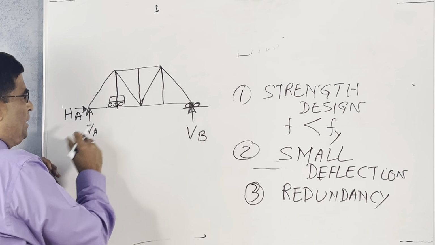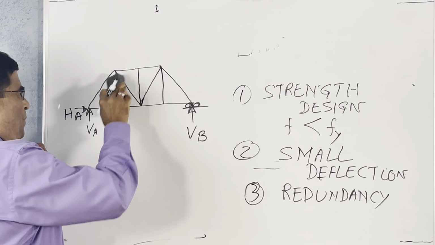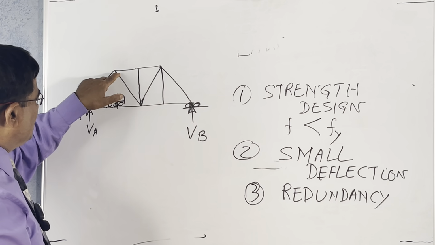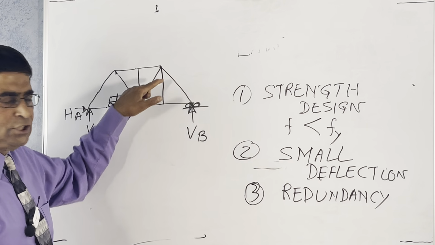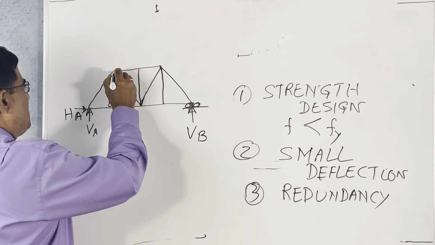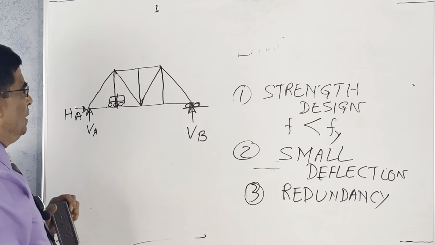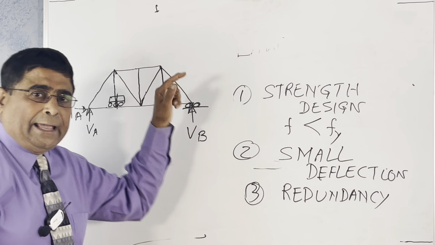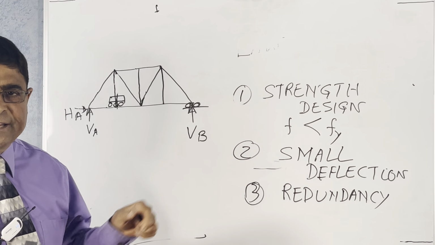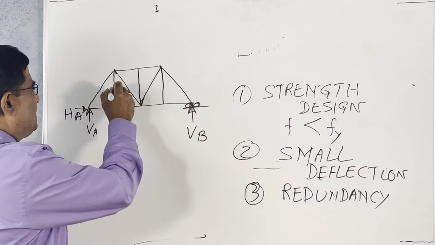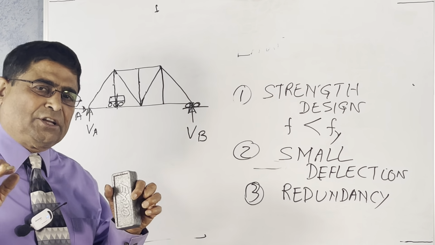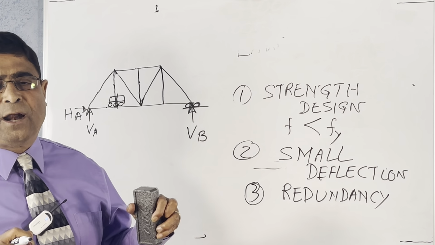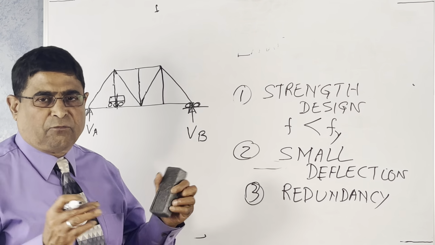Otherwise, if this member is not there, in a truss bridge, some portion will go there, some portion will go here, and eventually the load is distributed to the members. But when you have another member like this, when the truck is there, it can take the load. But it is difficult to analyze the structure in ordinary cases. These members are redundant members. When you make a structure redundant, it has less deflection because it has more members to take care of the deflection or the forces.